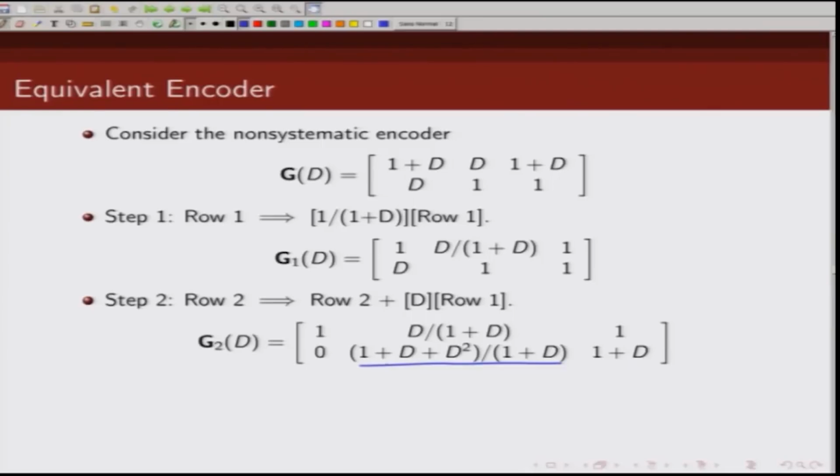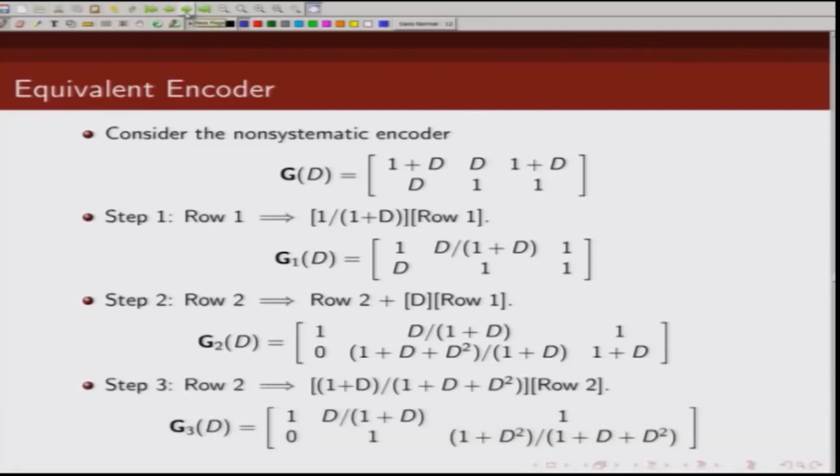Next, we want to get a 1 here. So, how can we get a 1 here? We will do the following transformation. For row 2 we will multiply row 2 by 1 plus D divided by 1 plus D plus D square. If we do that, then this will become 1.